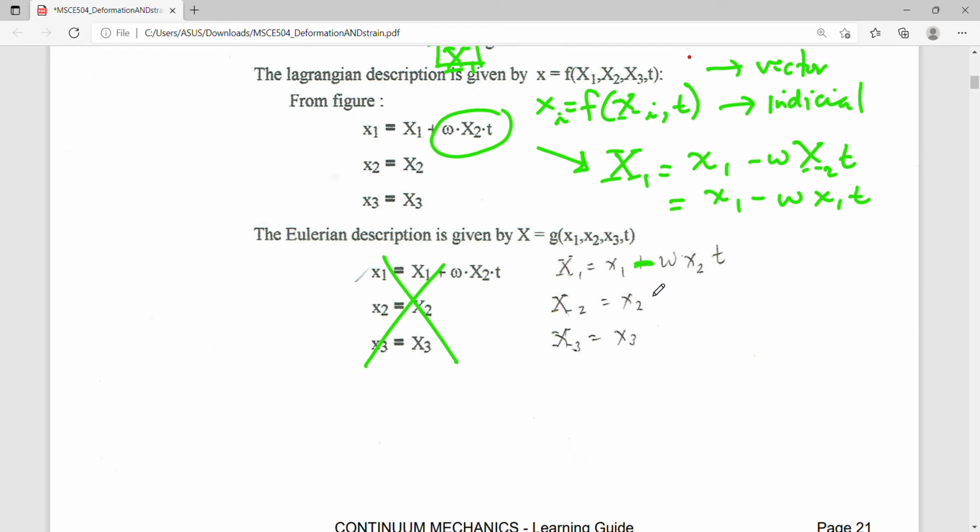And so it is true with x2. Okay, so X2 is simply equal to small x2, and X3 is simply equal to small x3.